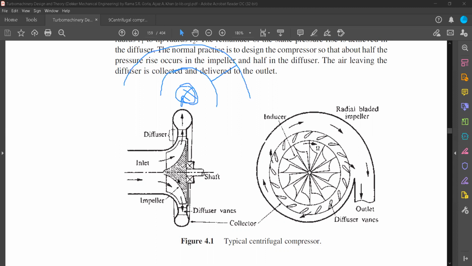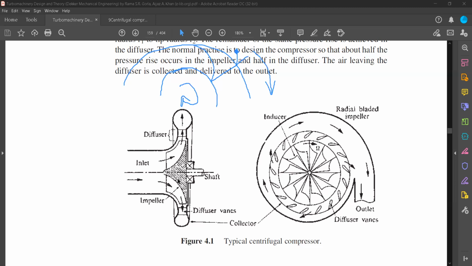For a backward-facing blade, it is rotating in this direction. That is very important. In a backward-facing blade, the blades look something like this. It may enter anyway, but the exit velocity is, this is the normal to the surface, so the exit velocity is backward, in the opposite direction to the motion of the blade.